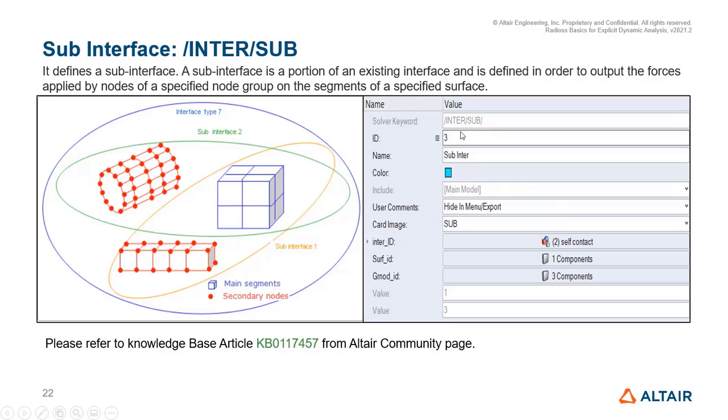So the solver keyword will be inter sub, and in order to define that, you have to define the interface ID, and that is going to be your global contact. So we have to define this type 7 contact here, and master ID will be, or the surface ID will be, this master component, or the component on which you are interested to get the forces, and the node group will be the slave component, and the forces will be exerted from this slave on this master.